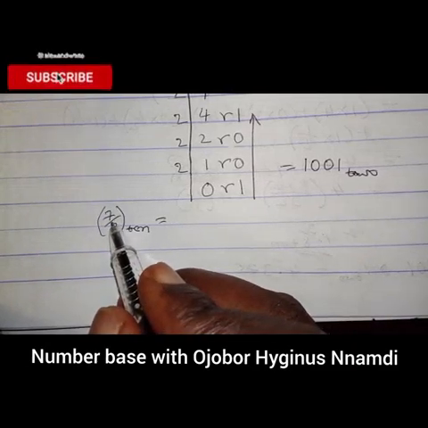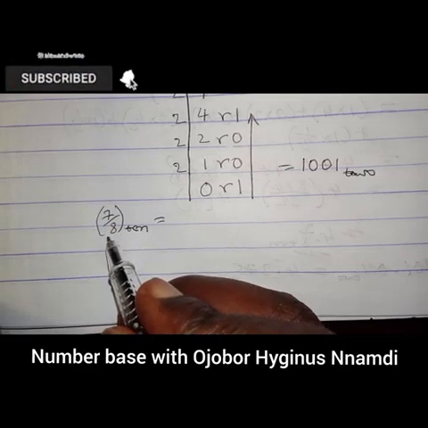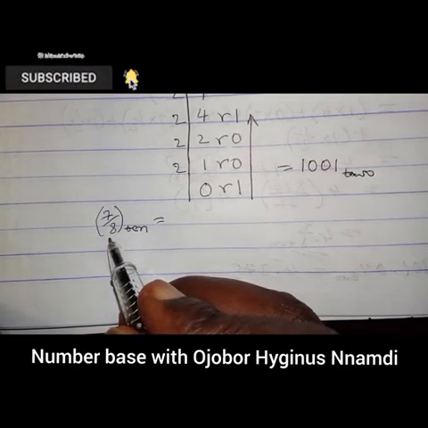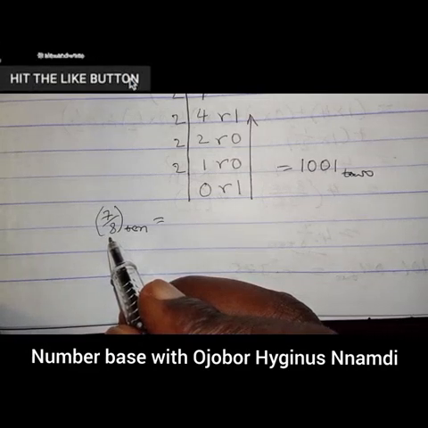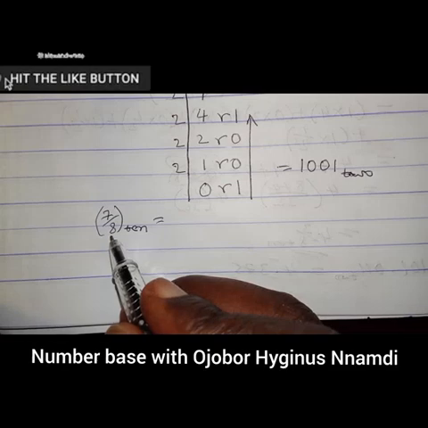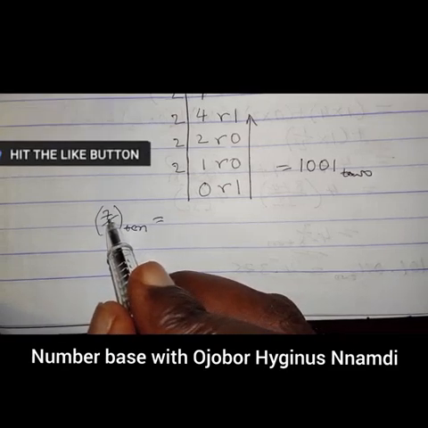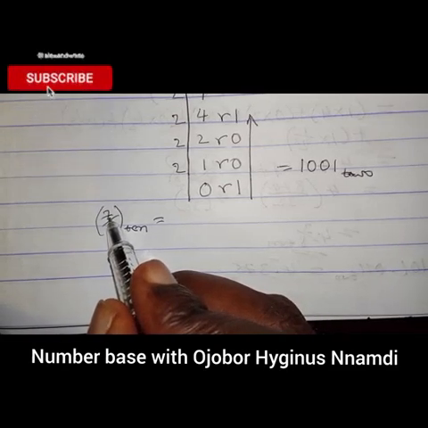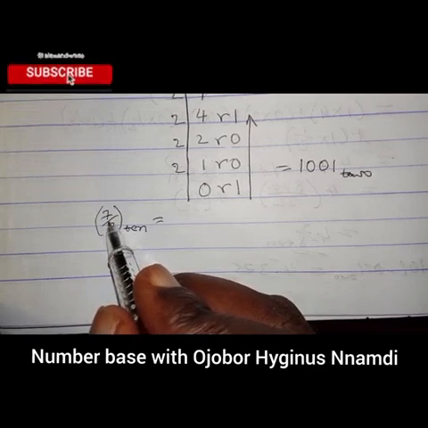And then the numerator, we are going to split it to multiples of 2 as well, starting with the highest possible multiple of 2 that is equal to or less than the digit you have at the numerator.